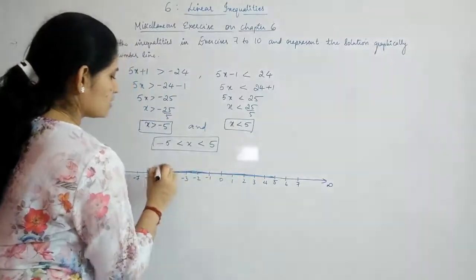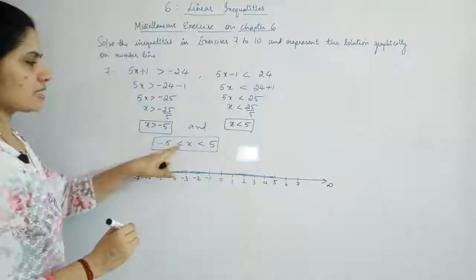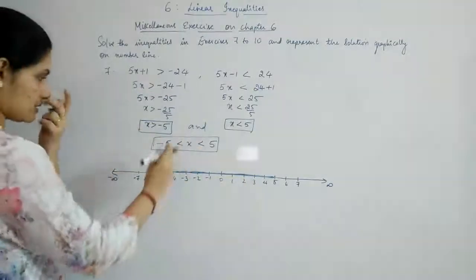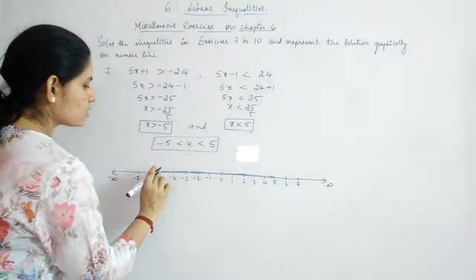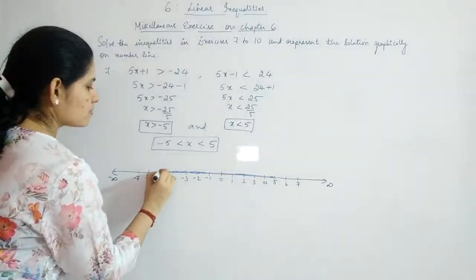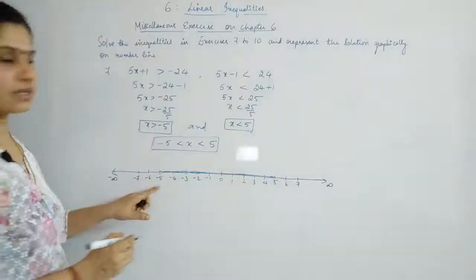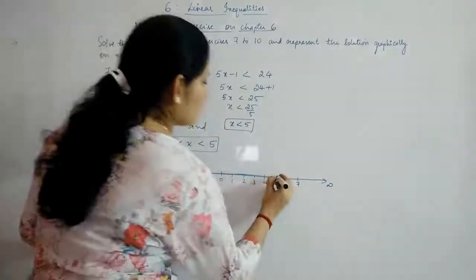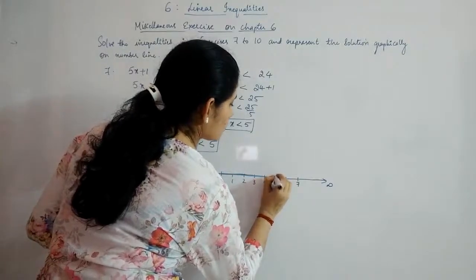Since it is less than on both sides, minus 5 and 5 are not included, so you have to make a hollow circle on minus 5 and a hollow circle on 5 also, to show that they are not included.